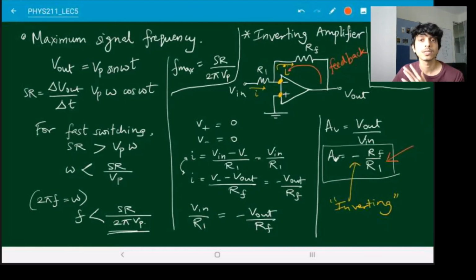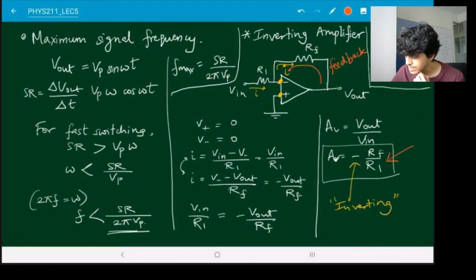Now I'm no longer limited to using only a gain of 10 to the power 5. Suppose I only want a gain of 50, that's all. Then okay, I can adjust the values of these two resistances, RF and R1. I will adjust them in such a way that I get a gain factor of 50. So by putting this feedback loop, my device becomes a lot more versatile. I can do a lot more things with it because of this feedback.